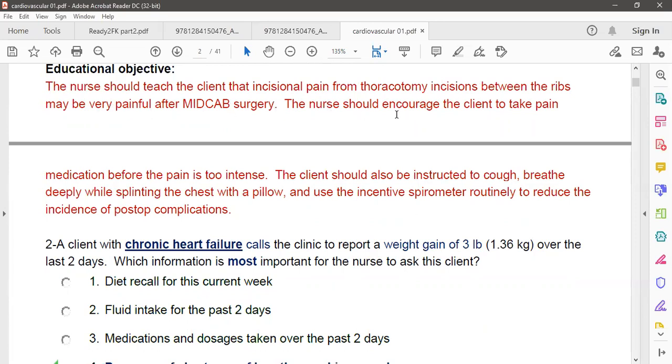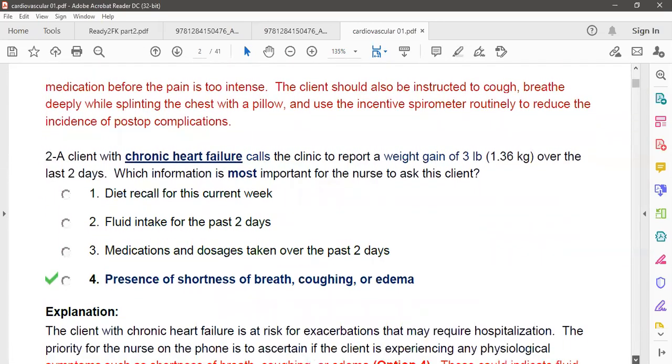The nurse should encourage the client to take pain medication before the pain is too intense. The client should also be instructed to cough and take a deep breath while splinting the chest with a pillow, and use the incentive spirometer routinely to reduce postoperative complications. A good question for the NCLEX board.